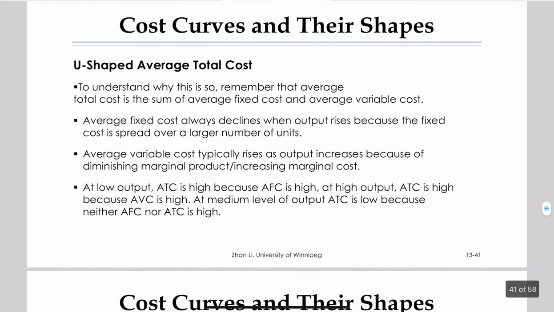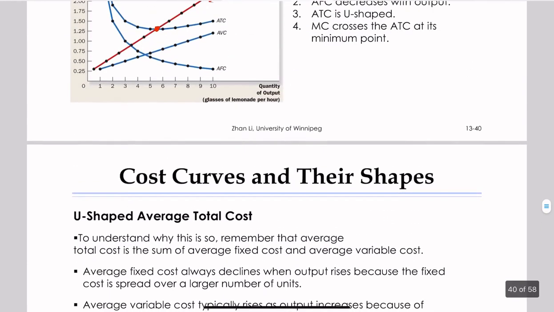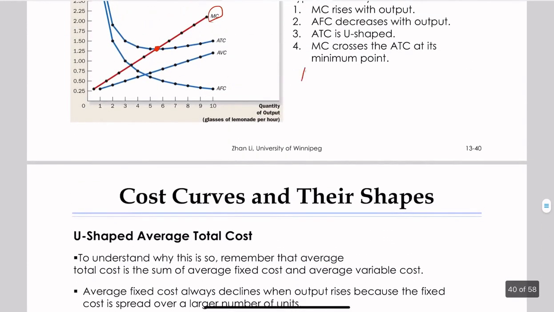First, why do we get this U-shaped average total cost? Well, if you recall the definition of average total cost, it's the combination of average fixed cost and average variable cost.